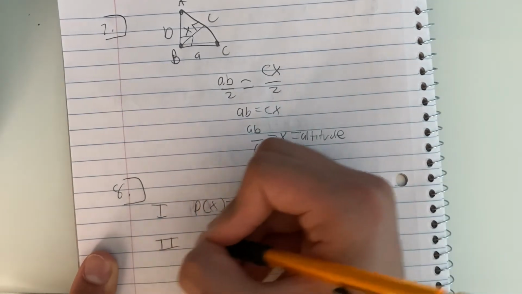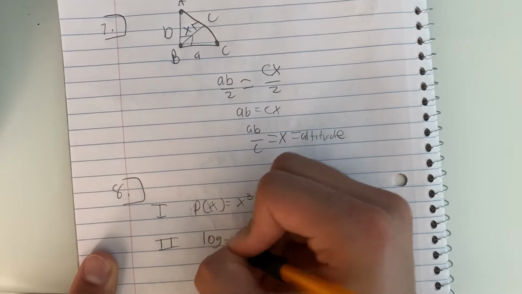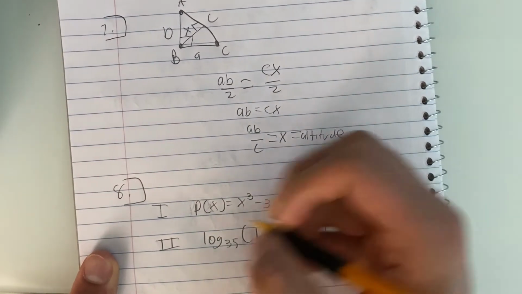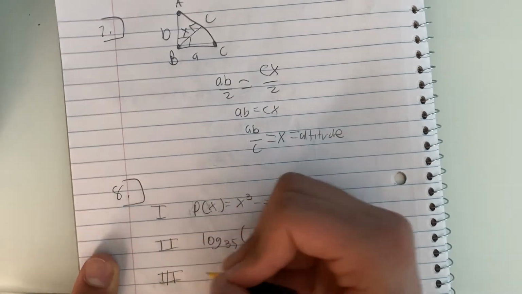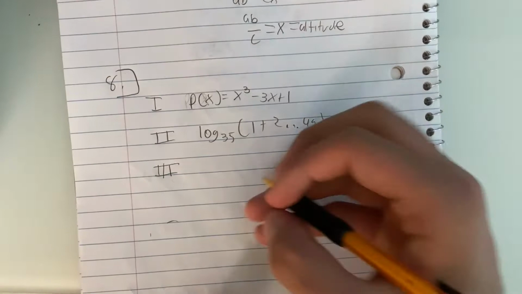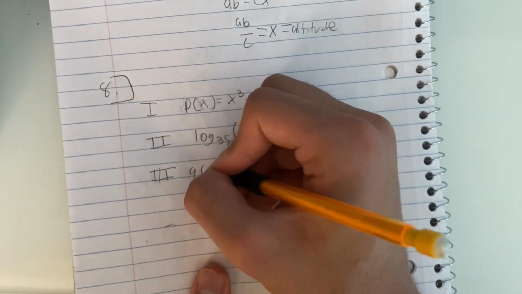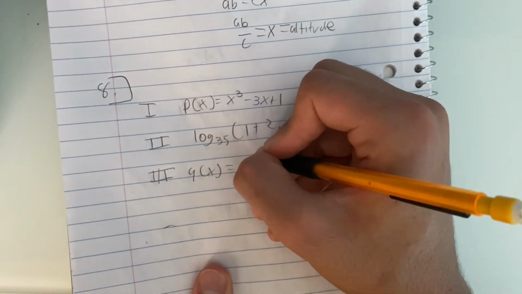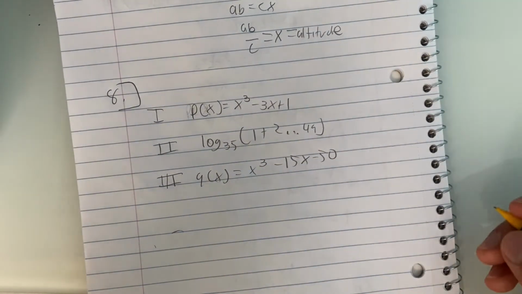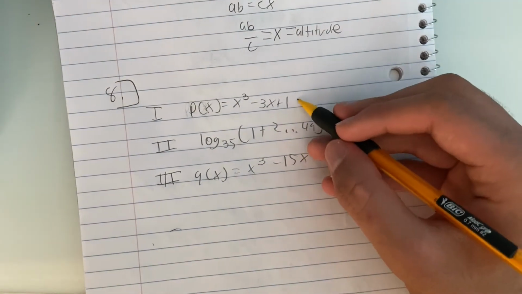The second one is log base 35 of 1 plus 2 plus all the way to 49. And the last one is that q of x is equal to x to the power of 3 minus 15x minus 50. So quickly, let's start with statement 1.